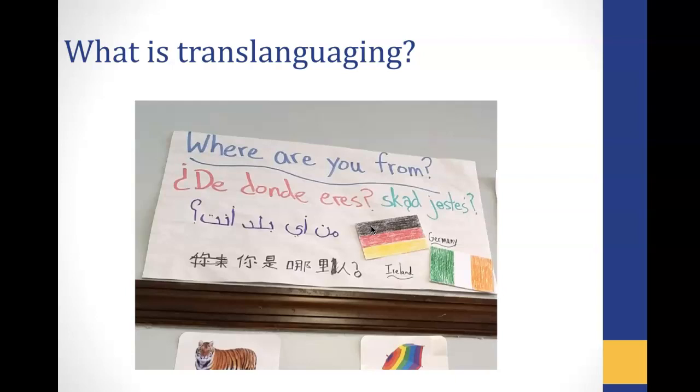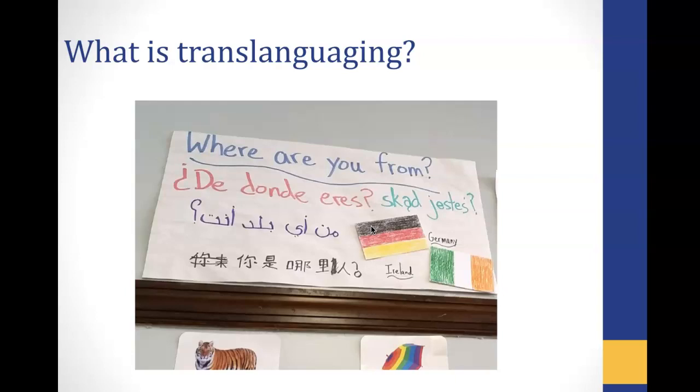So in the preface and the first two chapters, we're really just going to be delving into the theoretical and practical concepts of what translanguaging is, what it looks like, and what it means to think about language more as something that we do, that we participate in, and less as static objects that are out there and never changeable.